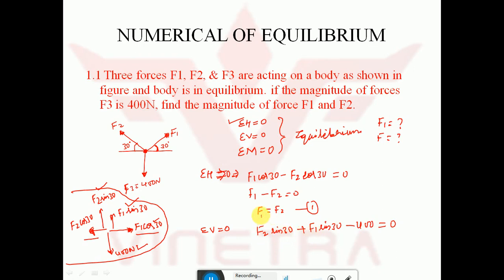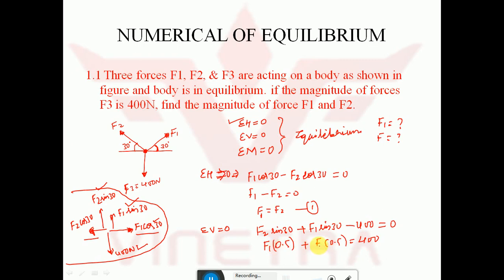And one more thing, from equation 1 we have F1 is equal to F2. Wherever F2 is there, I will substitute F1. So F1 sin 30 is nothing but 0.5 F1 plus 0.5 F1. If I shift that side, the negative will become positive, that is 400.